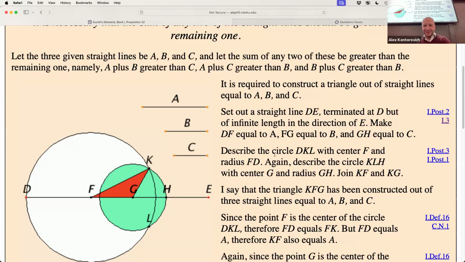Where did he say letter K? Describe the circle DKL with center F, and again, join KF and KG. Even here, he's hit on the thing that he needs, but he screws this up. It's not perfect. We're looking at a beautiful symphony and pointing out an instance where there's perfect parallel fifth motion. Everything with a grain of salt.